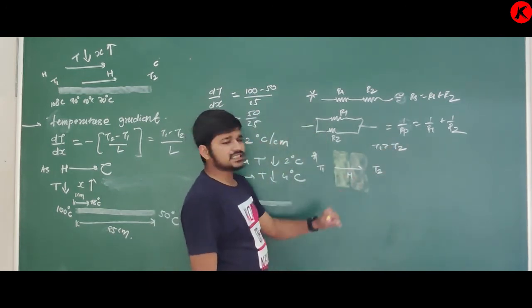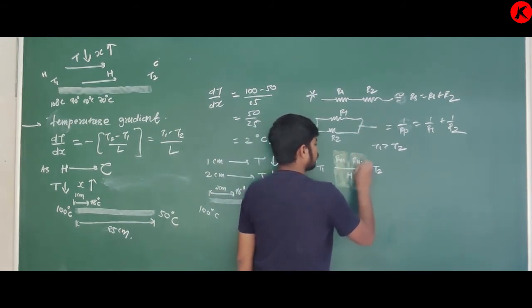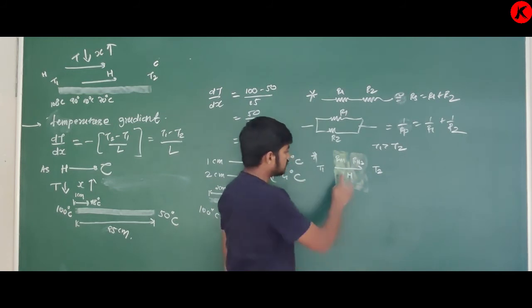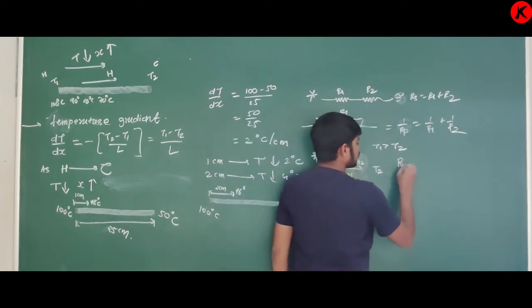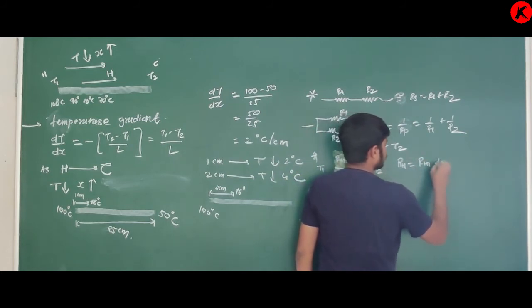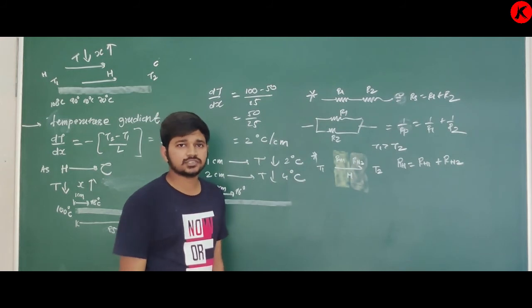So it is called a series connection, and in such a connection, if the resistances are RH1 and RH2, then the total resistance RH is RH1 plus RH2.